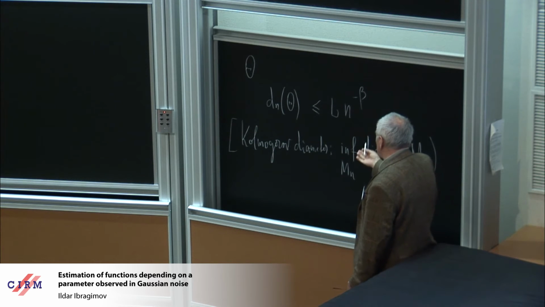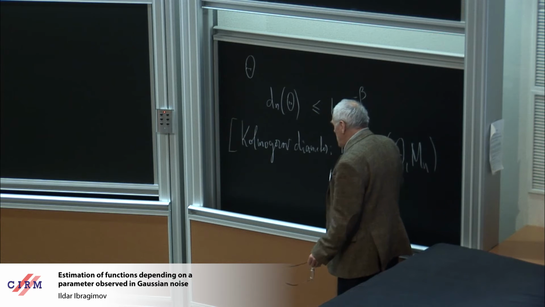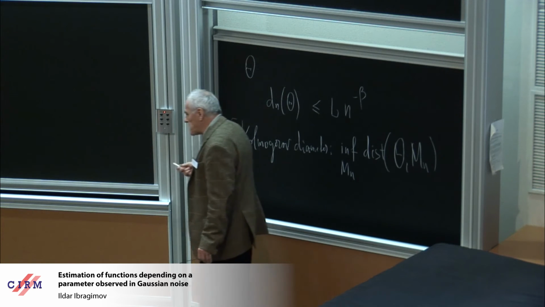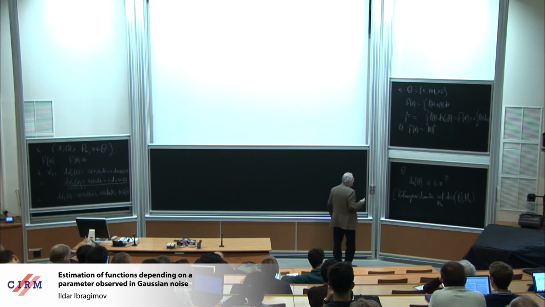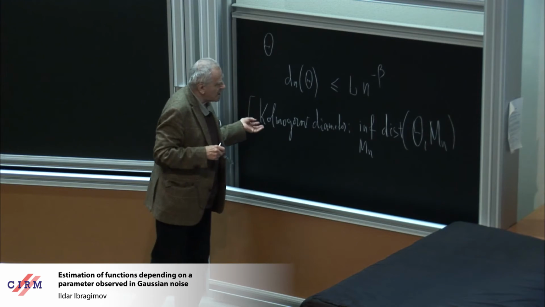So you see there is some kind of connection between this notion and the notion of approximation theory. For example, when you approximate by polynomials of degree n, you have some estimation of Kolmogorov diameters.